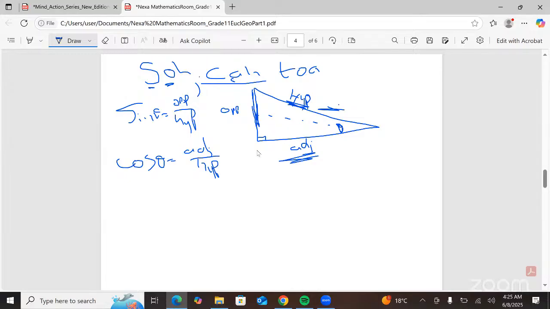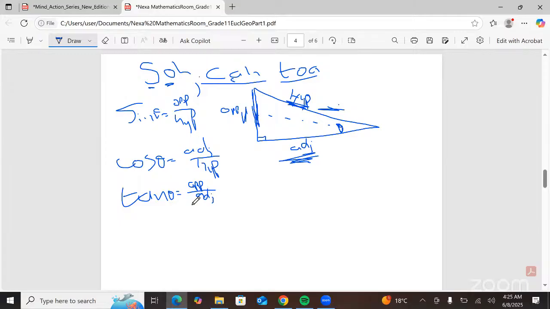Then the last one, if you want to work with this side and this side, you go for TOA. You're going to use tangent theta is equal to opposite over adjacent. SOHCAHTOA only applies if there is a right angle triangle. I don't know if it makes sense.